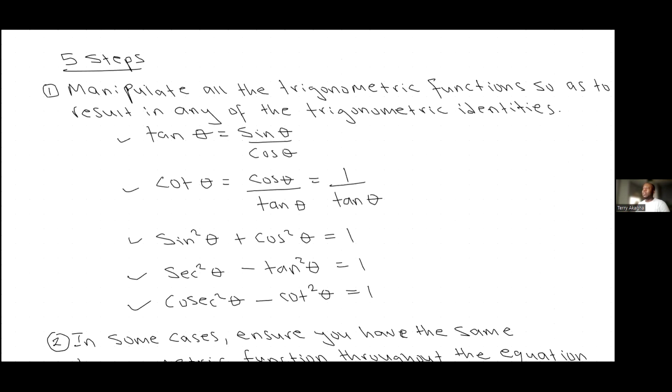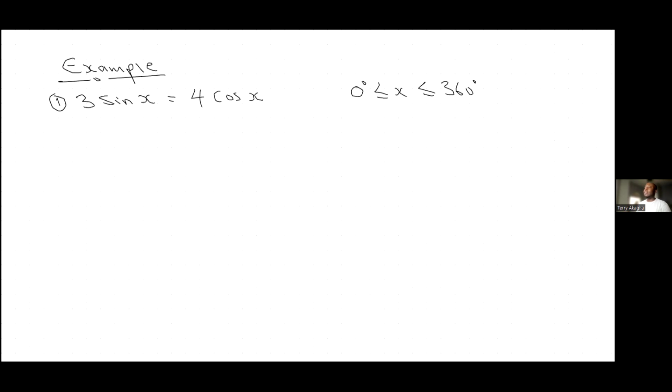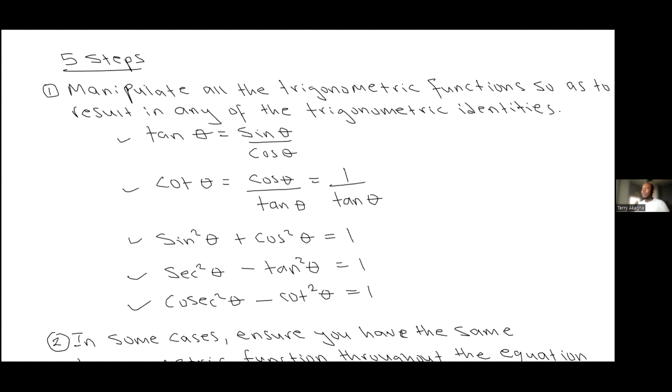Now, if you look at this, the question we had sine x and cos x, and which of the trig identities have sine x and cos x? Now, if you look carefully, the only trig identity that do have that is what? Either tan theta or cot theta. Are you seeing it? So that means there's only two that have both sine and cosine.